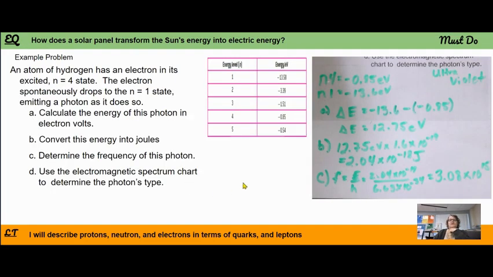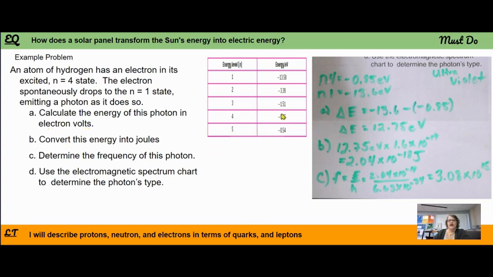Okay? Here's another example. An atom of hydrogen has an electron in its excited state at n equals 4. The electron spontaneously drops to n equals 1, emitting a photon as it does so. Calculate the energy of this photon in electron volts.